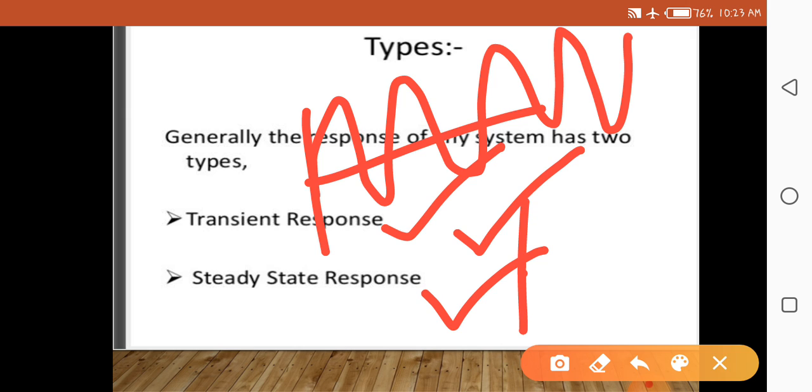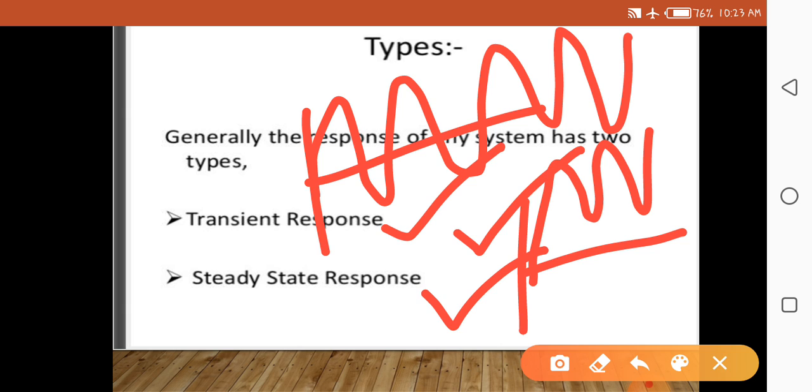For example, if the transient response is this, then the steady state response is represented as this, a fixed value. Now, the transient response does not depend on the input signal, but the steady state response depends on the input signal.